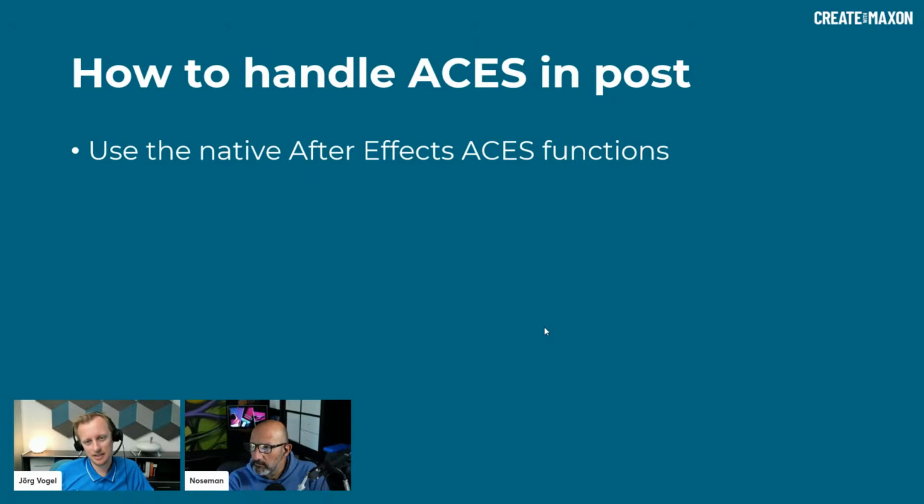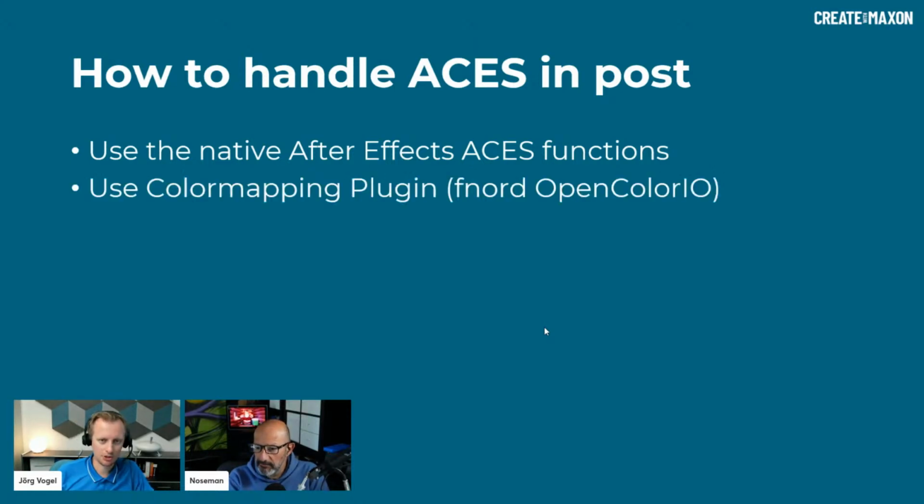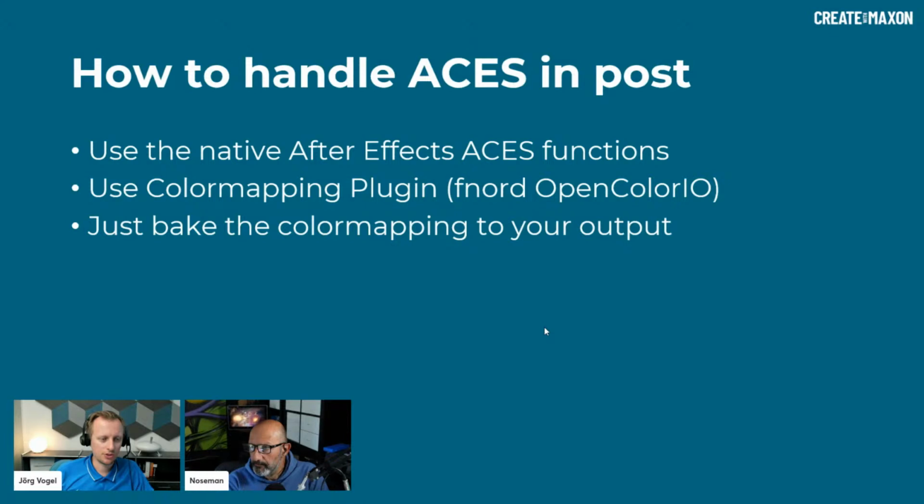As it is Adobe, it comes with some pros and cons, so I will show it to you. Then there is a plugin from Fnord, called OpenColorIO. We use this, and of course you can just bake in the color mapping directly in Cinema 4D, and just use the color mapped footage without doing this in the post.